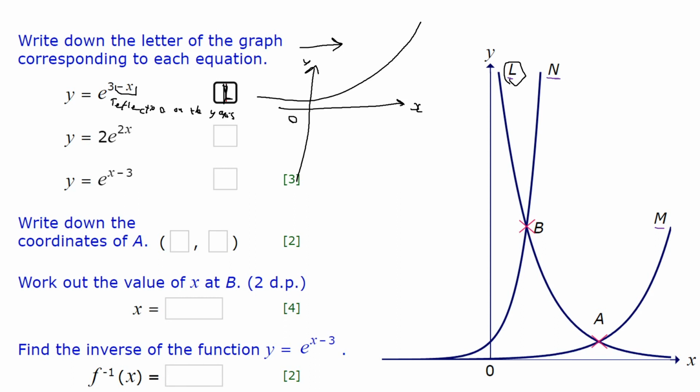Now, what's next? Y equals 2e to the 2x. Well, which one of these passes through the origin at 2, do you think? It's going to be N, isn't it? Why? Because this one is the most stretched.